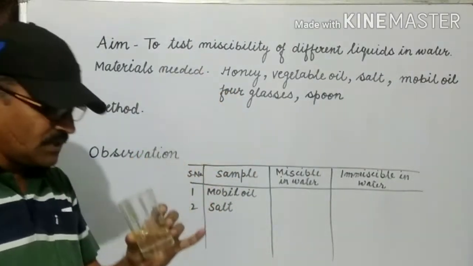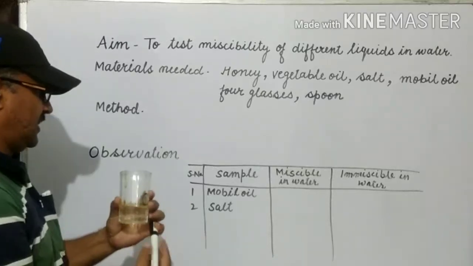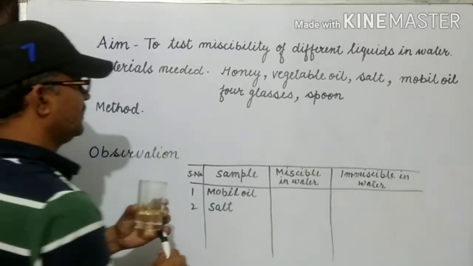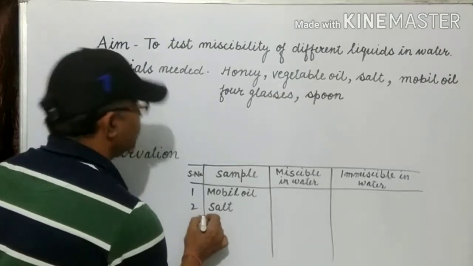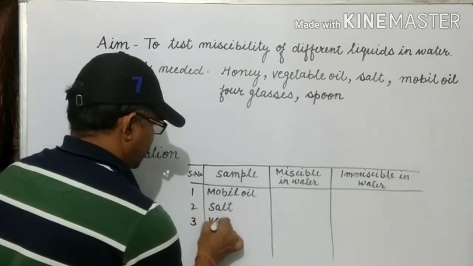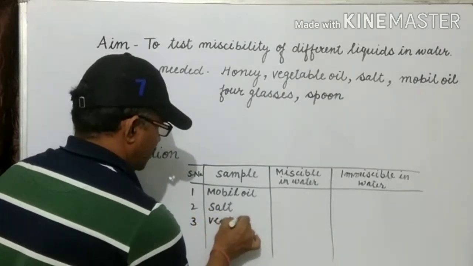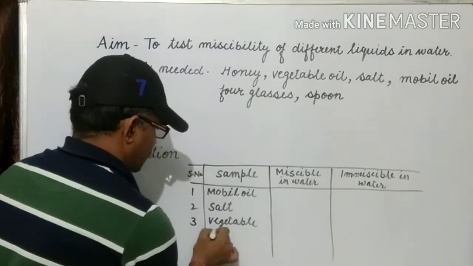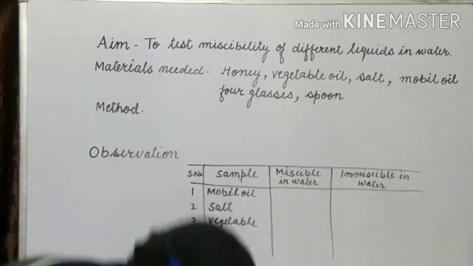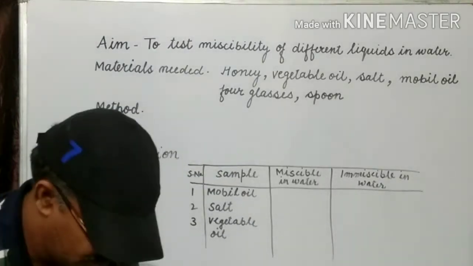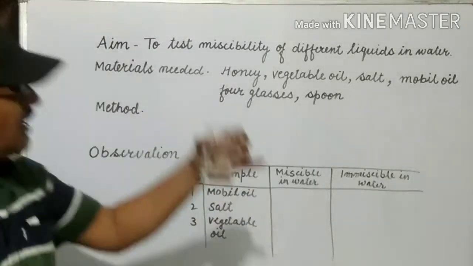It also forms a separate layer. It does not mix with water. Third sample is vegetable oil, and fourth we have taken D part, honey.